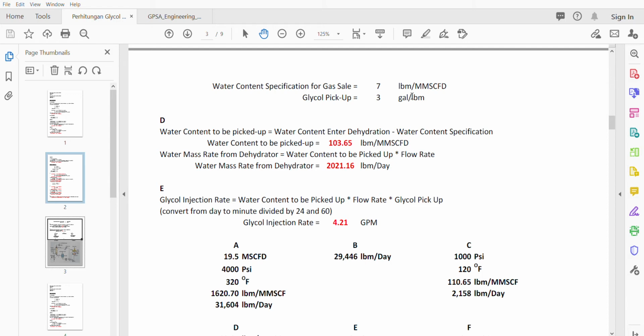So the water which has to be picked up is water content entering dehydration minus water content specification.